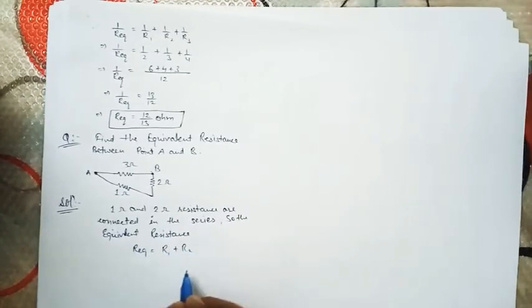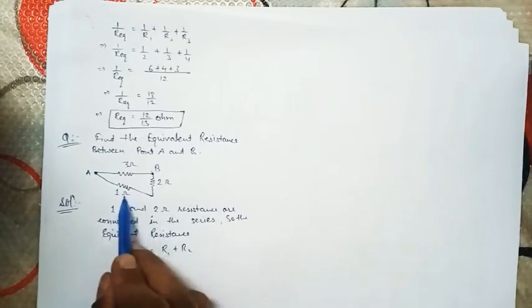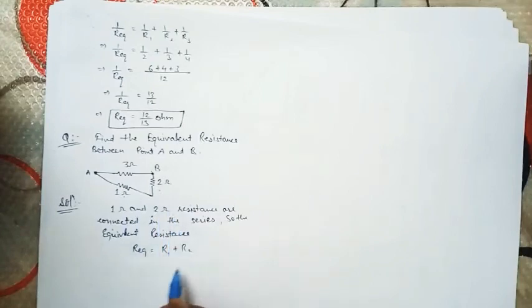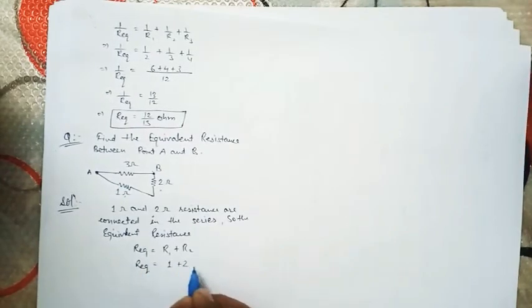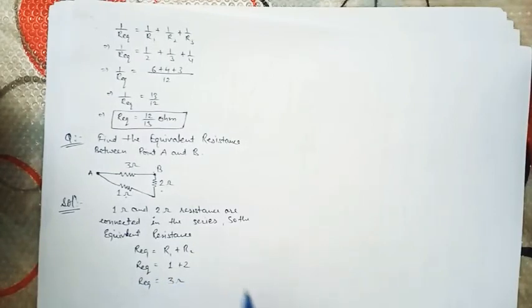In series combination, what is the formula of equivalent resistance? That is R1 plus R2 plus Rn, but here is only two resistances, 1 ohm and 2 ohm. So we are using the formula R equivalent equals to R1 plus R2. Value of R equivalent equals to 1 ohm plus 2 ohm. So R equivalent equals to 3 ohm.